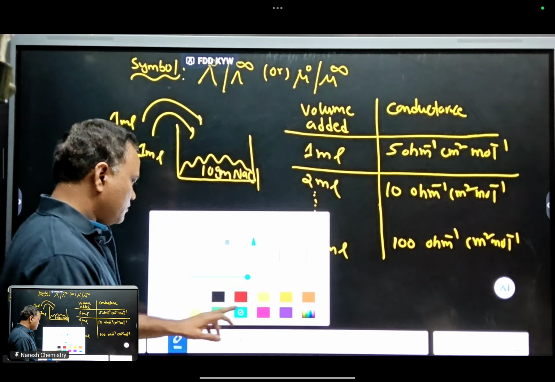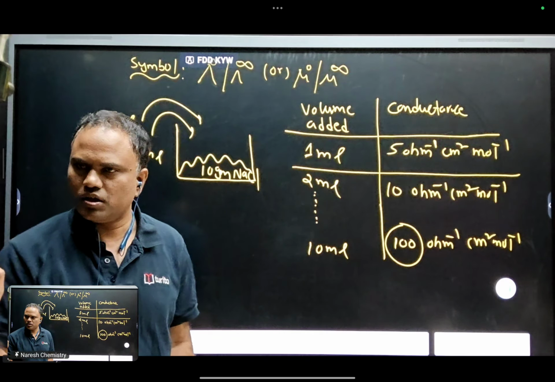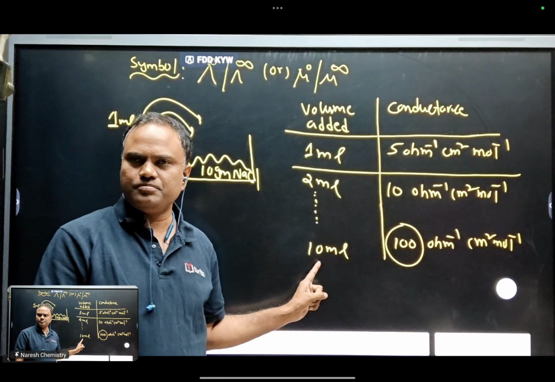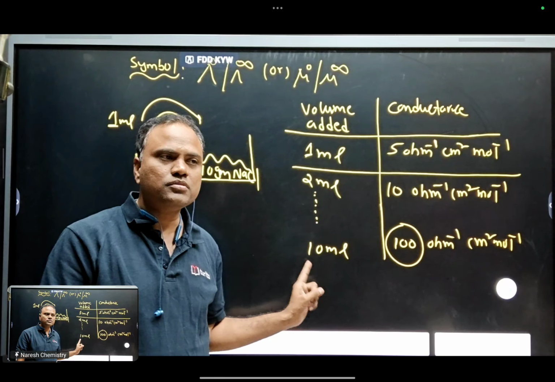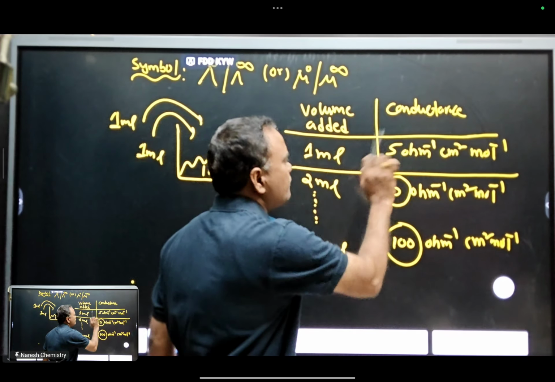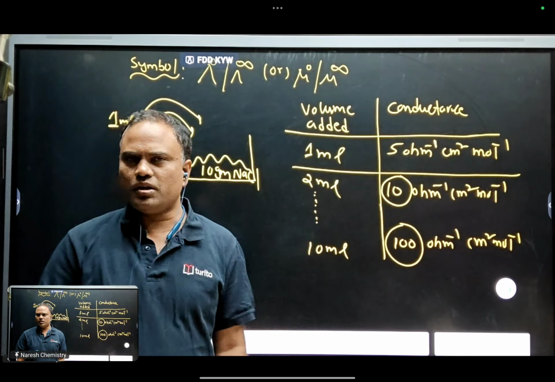I'm giving one value, 100 ohm inverse centimeter square. This is the conductance value at 10 ml. The remaining values, 10 or 5, are conductance values at 2 ml and 1 ml.